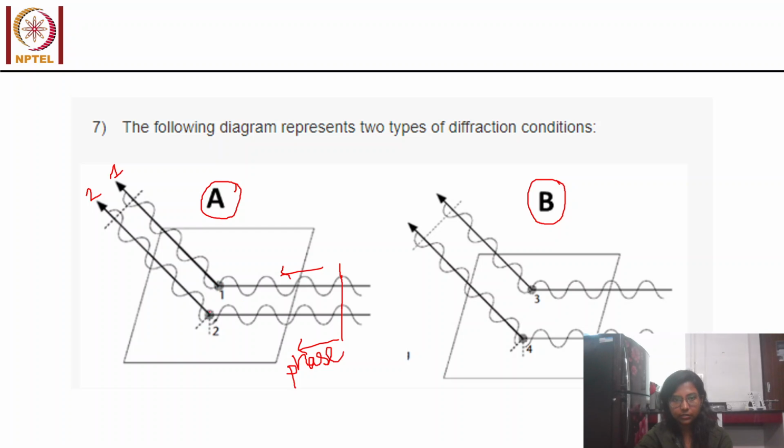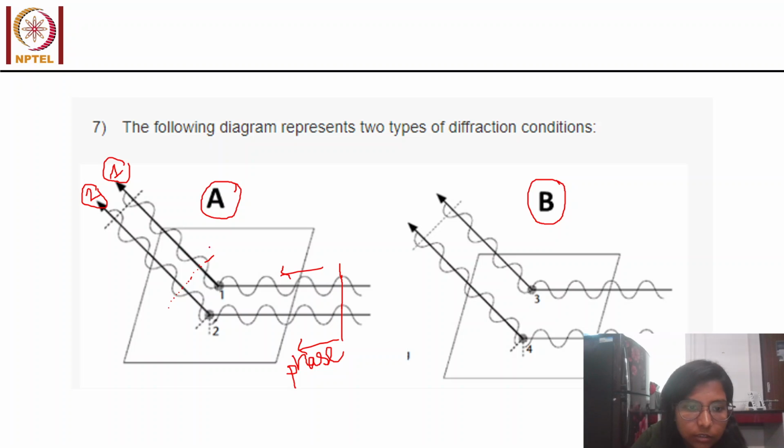Now it hits, you can say, a scatterer 1 and 2. So when it hits the scatterer, what is happening? For wave number 1, after hitting the scatterer, here is the maxima coming, but in that same position in space, what do we have? We have the minima for number 2.